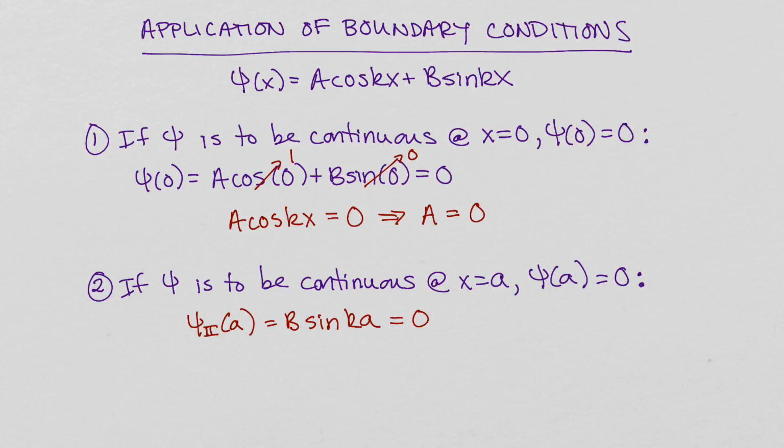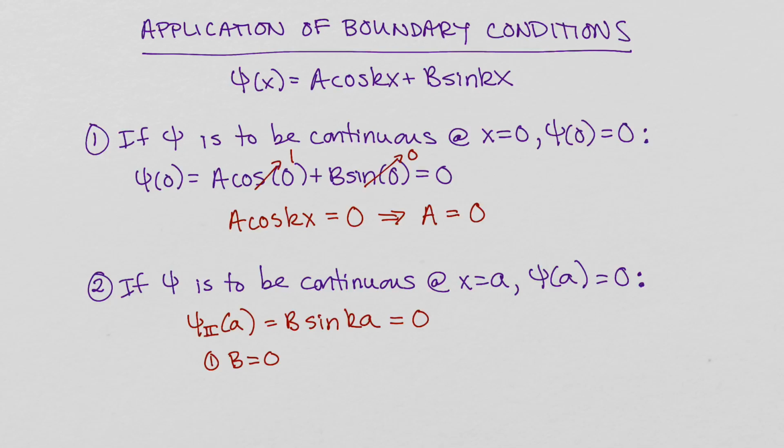All right, so we have a couple of options for how b sine ka can equal 0. The first is if b is equal to 0, nice and easy, right?